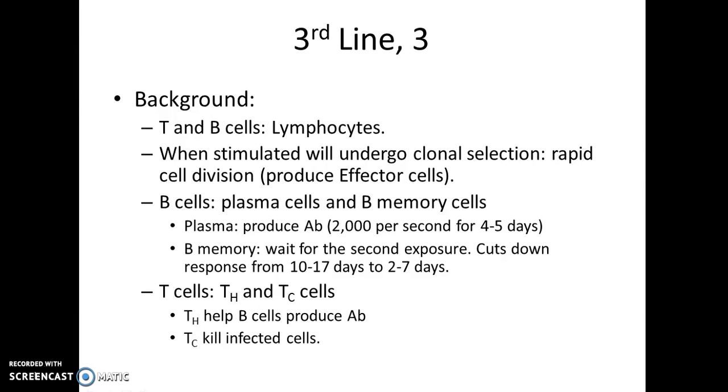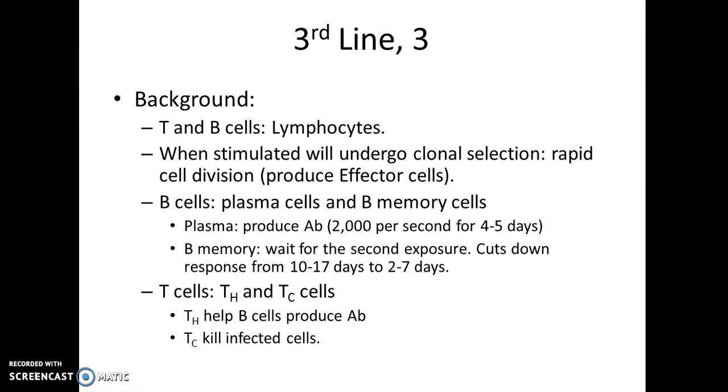specific internal defense, T and B cells are both lymphocytes. When they are stimulated, they will undergo clonal selection, which means that they will undergo rapid cell division and produce effector cells. In B cells, the effector cells are known as plasma cells and B memory cells.